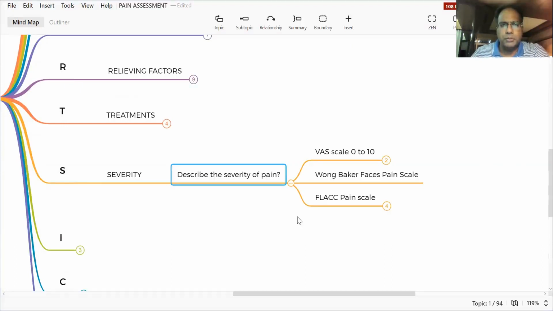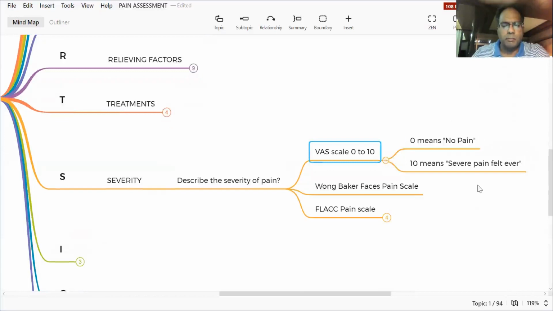We ask the patient to grade the severity of the pain they are experiencing, where 0 means no pain and 10 means the severest pain they have ever experienced.